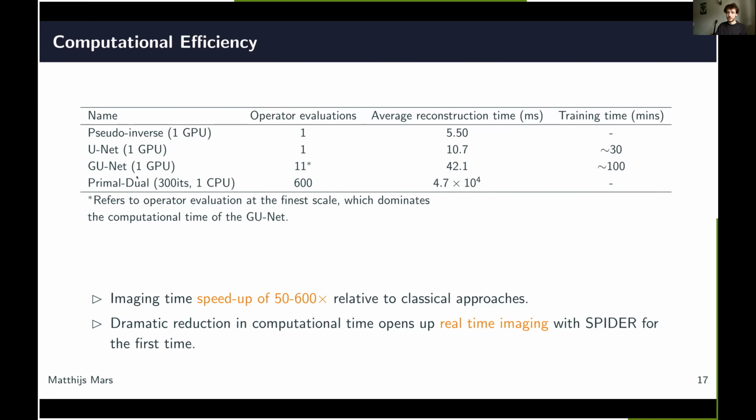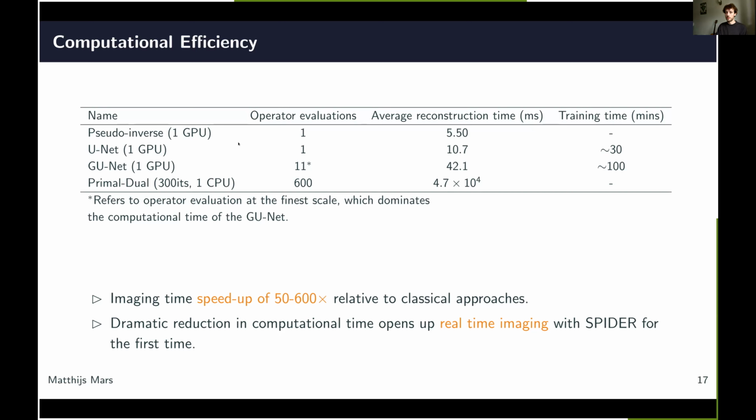If you have an iterative method with 300 iterations, that means you have to do 600 evaluations of your measurement process, which means they are quite slow. Whereas if you use the UNet, we only have to do one evaluation of the measurement operator, so these methods are a lot faster.